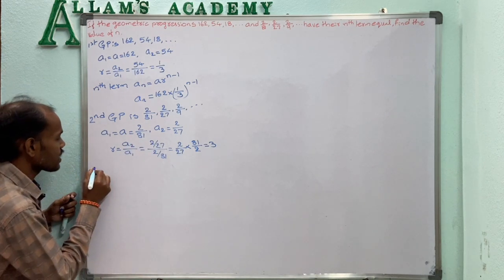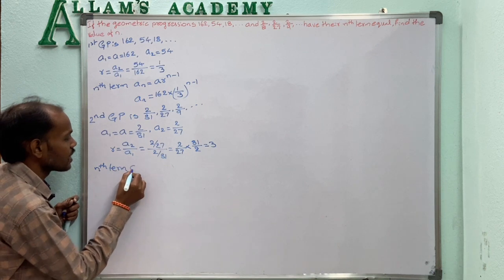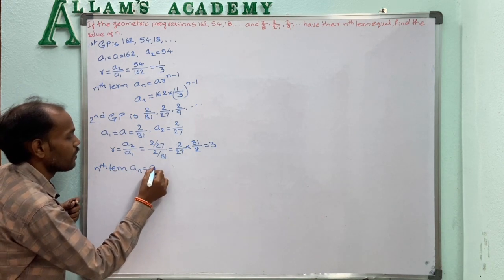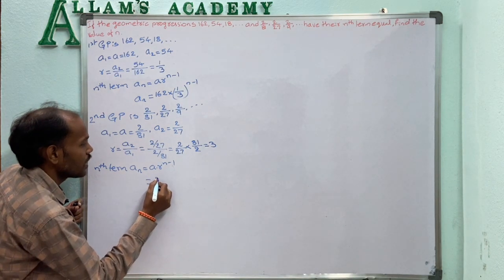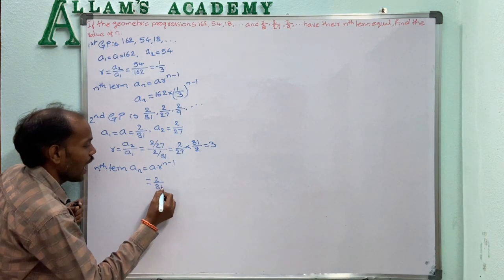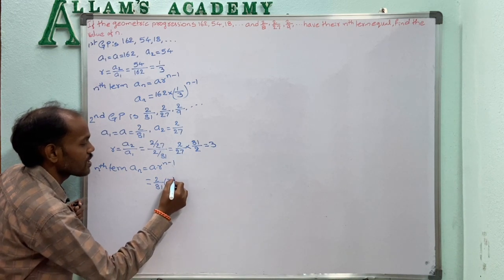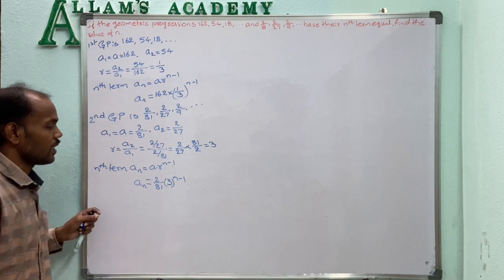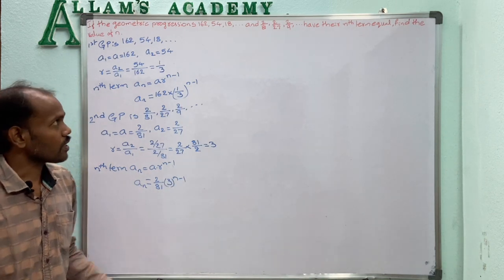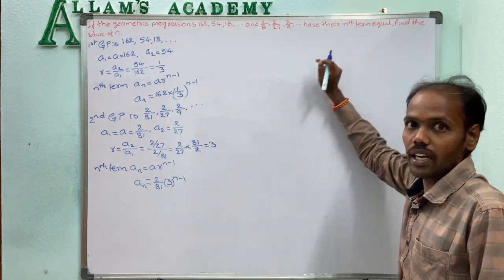Now for the second series, the nth term an is equal to a into r power n minus 1. Here the first term a is 2/81 and the common ratio is 3. So it is 2/81 into 3 power n minus 1. Now our two given nth terms are equal.